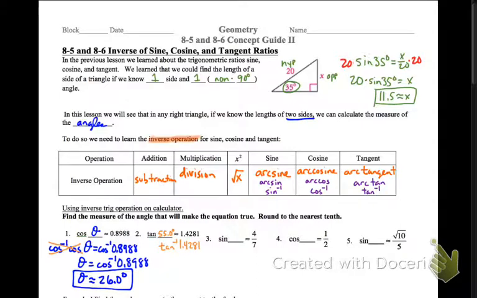It works the same way for sine, but here we're going to say the arc sine of 4 over 7. So here it actually is in ratio form. The arc sine of 4 over 7 is equal to, see if you get this on your calculator, 34.8 degrees. See if you can then figure out what numbers 4 and 5 are.